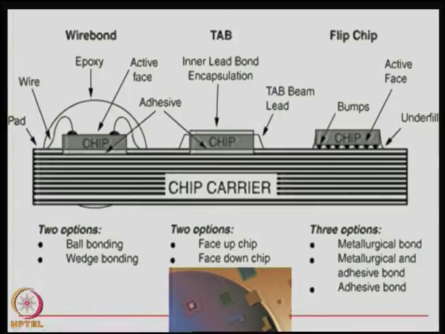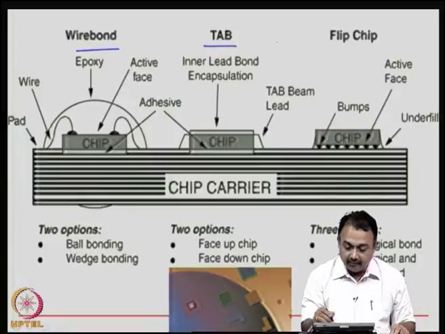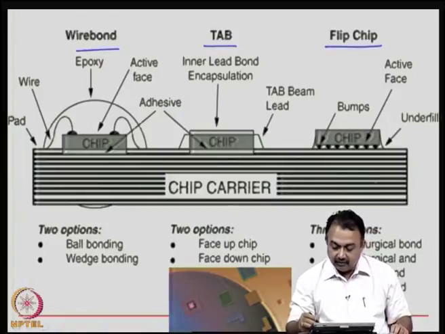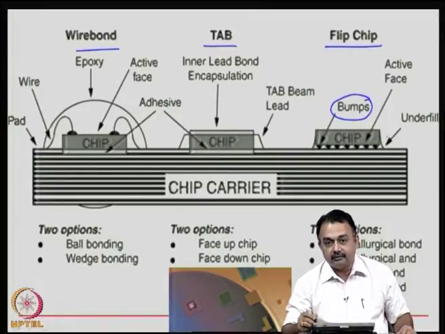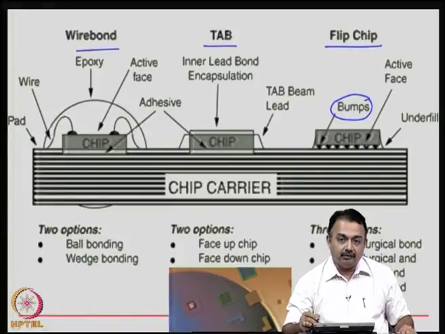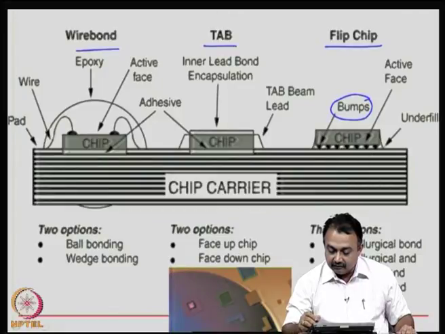So, once again this is a much better figure where you can see the chip in all the three cases, wire bond, tab and flip chip. We call the interconnects for the flip chip bumps. Okay. So, bumps will be created on the flip chip die, so that they can register with the bond pads on the substrate.